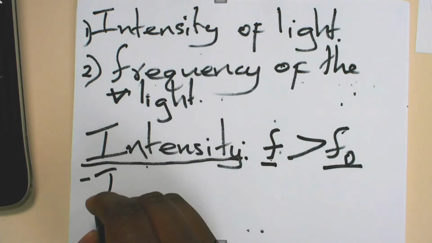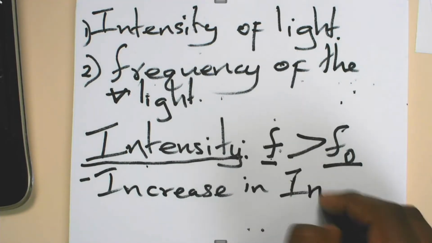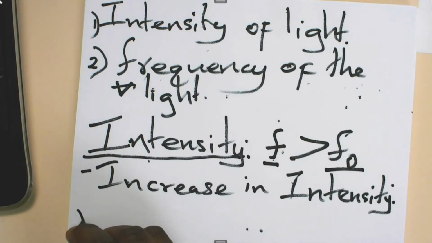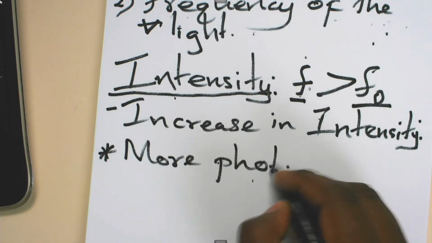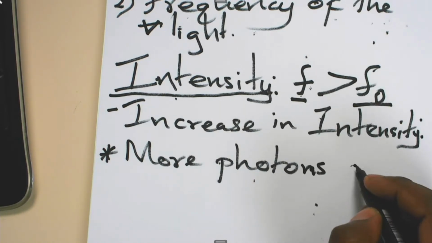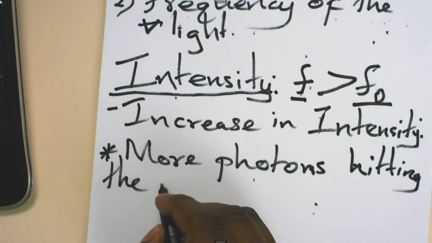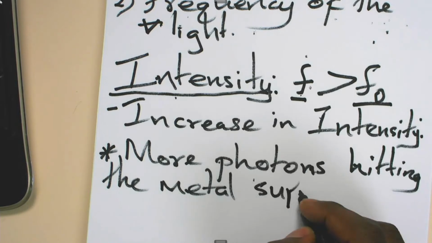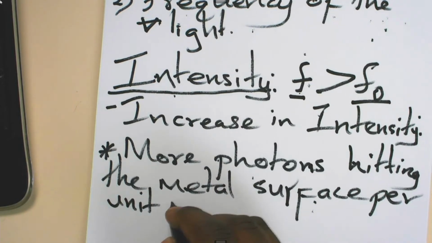An increase in intensity implies that we now have more photons hitting the metal surface per unit time.